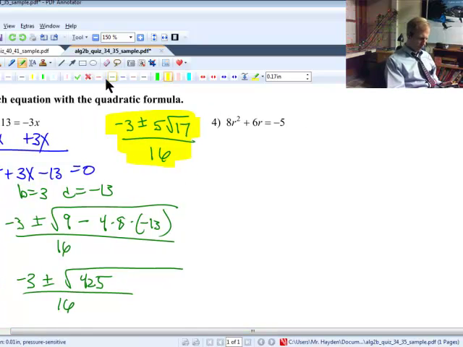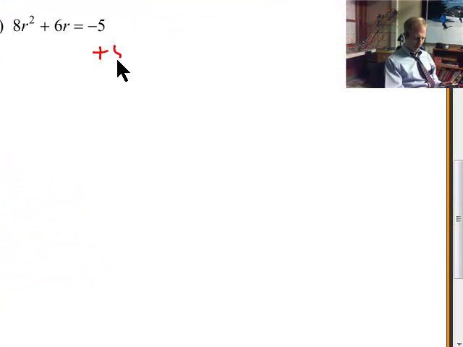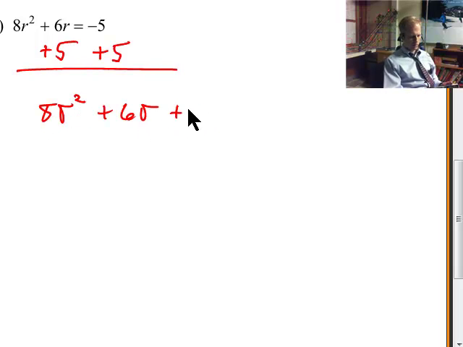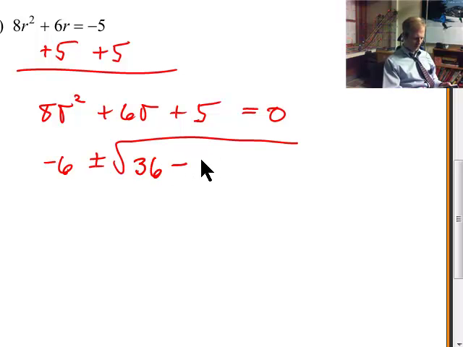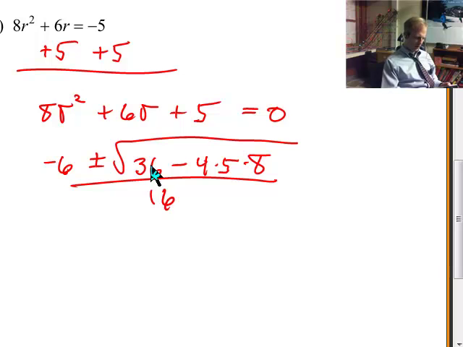Alright, in the last one, I'm going to add 5 to both sides. Gives me 8r squared plus 6r plus 5 equals 0. So now using the quadratic formula, I do negative 6 plus or minus square root of 36 minus 4 times 5 times 8 all over 2 times a, so all over 16.